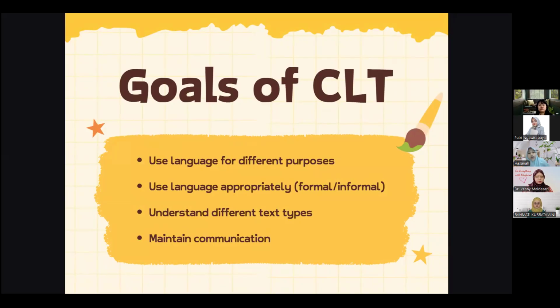Okay, there are 4 goals in CLT. The first is use language for different purposes. One of the main goals of CLT is to help students use language for various real-life purposes.